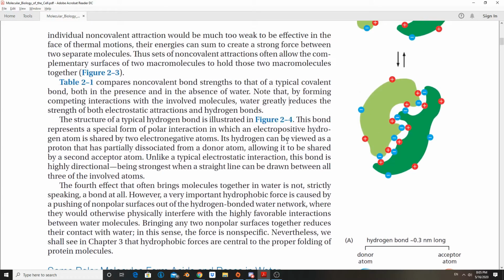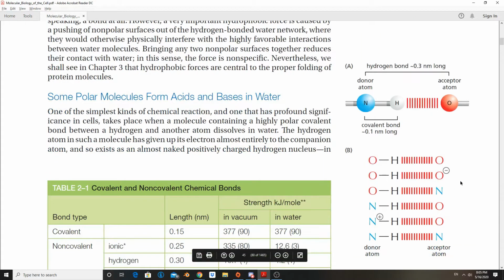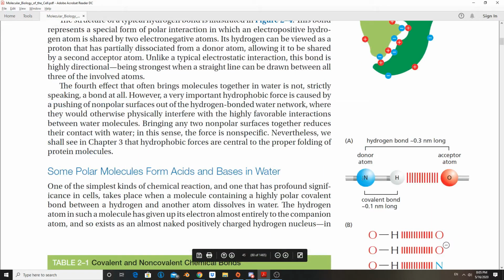So, a typical hydrogen bond looks something like this. So, you have a highly electronegative atom attached to a hydrogen, and a highly electronegative other atom that is negatively charged. So hydrogen is less electronegative than nitrogen.